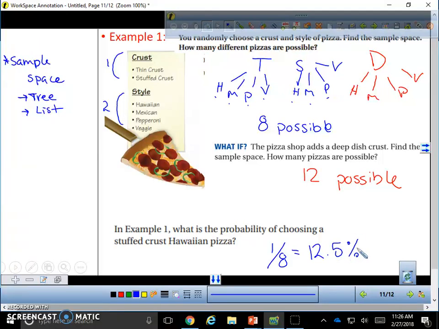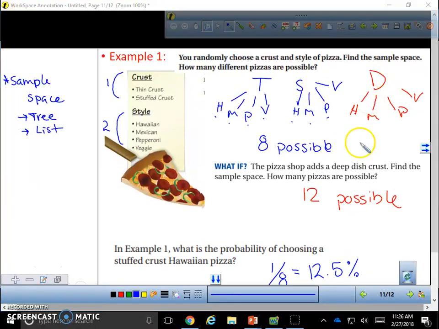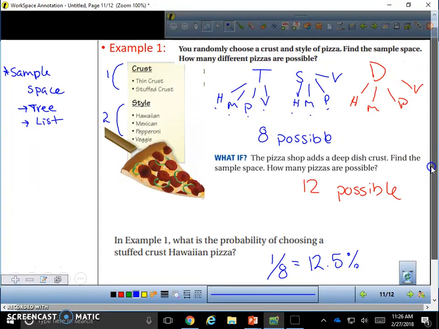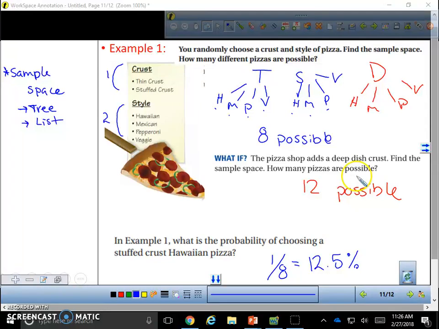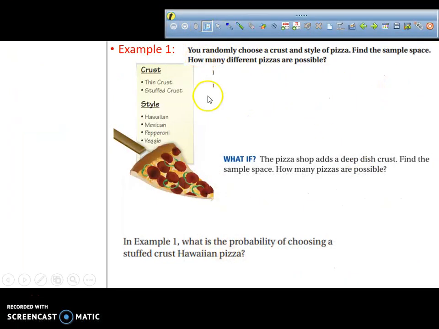There we go. So here's how you write the sample space. Let's talk about an easier way of writing the sample space than having to list everything out.